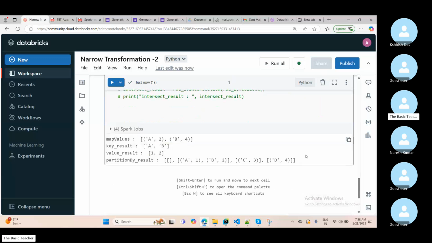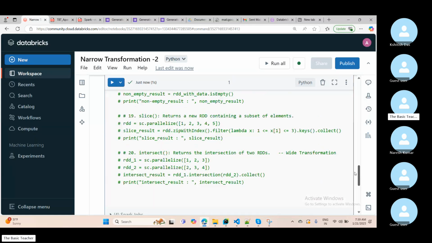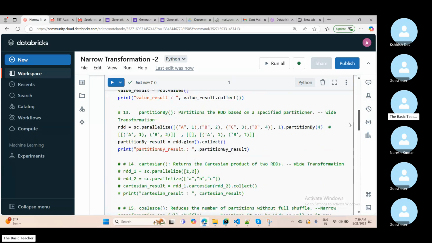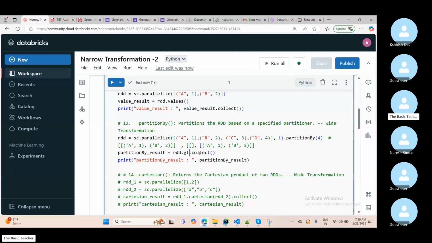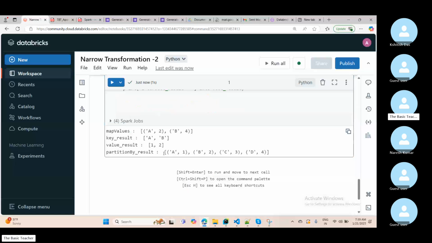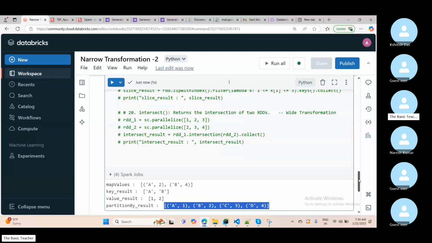Here it gives information about how many partitions there are, and what is in each partition. But whenever you remove this glom, it simply gives the normal data, and you do not get the information about how data is distributed between the partitions. That information is missing. You can compare that here. There is no information about which data is distributed to which partition, how many partitions there are in total, or how data has been distributed. So if you are looking to debug, then glom is helpful.